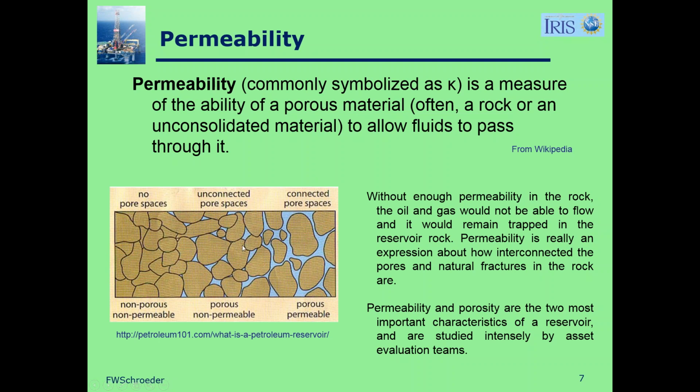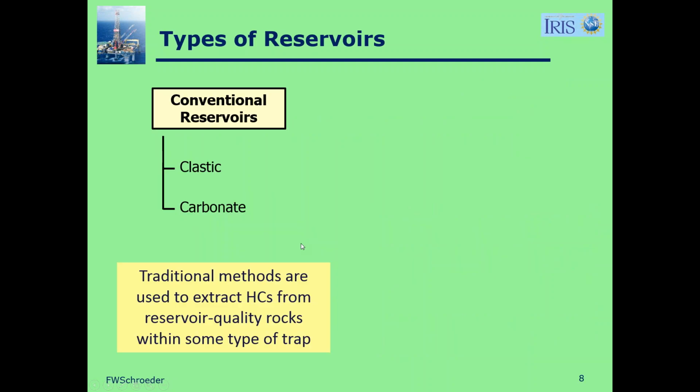So we have some pores, but they're not all that well connected, so not all that permeable. And then on the right of the 3 we have a lot more pore space, and we can see a lot of interconnectedness. So this would be a high porosity, high permeability rock.